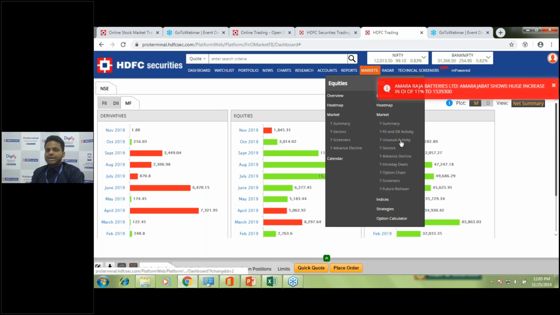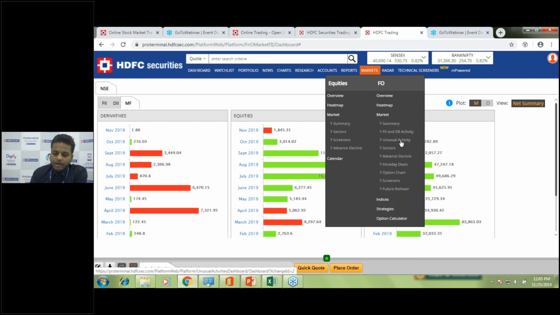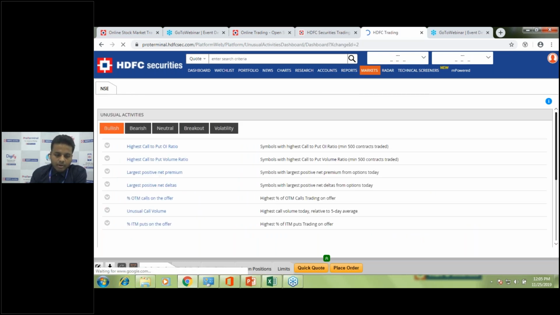In case you want to check any unusual activity, again you have to go into the market and click on unusual activity just below the DII and FII activity, and you will see any news that might have come for a particular stock. So we will go with the bullish trend only, bullish news of any stock. So let's say higher call to put open interest ratio.